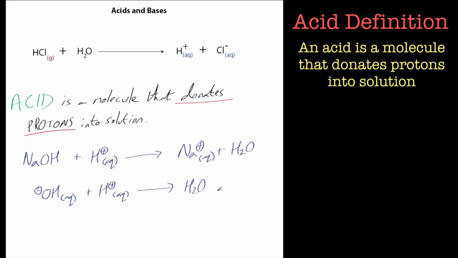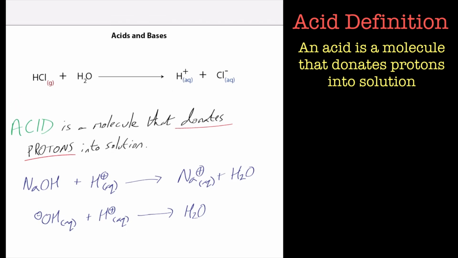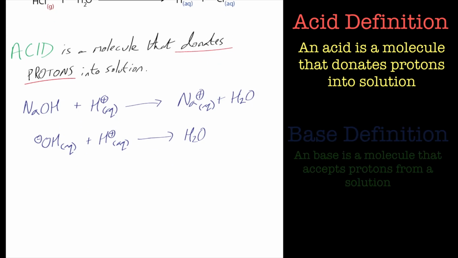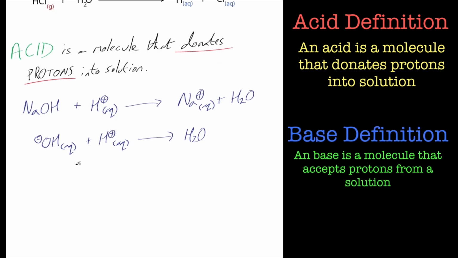And I won't draw aq because the water is aq. Okay, so basically you can see that a base, unlike an acid, a base, if I just move this up a little bit, and draw that in green as well.